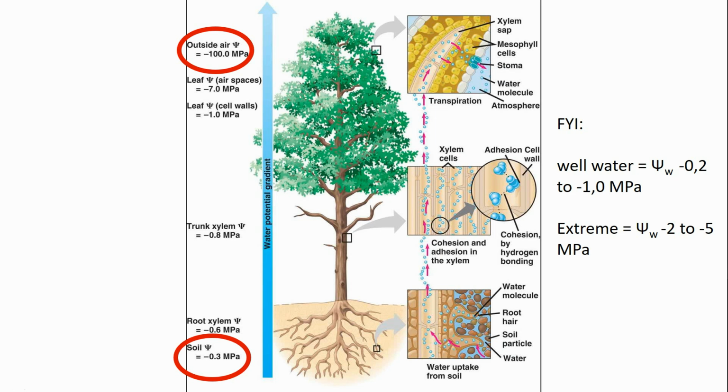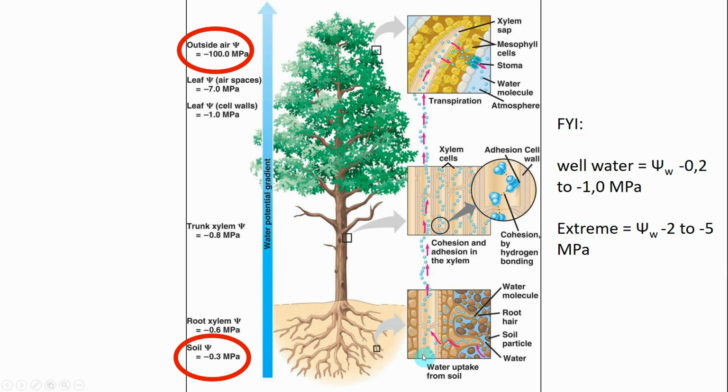Please do not forget that between the water coming into the roots to the xylem, and from the midrib or the veins of the leaves to the stomata, we have osmosis, water moving via osmosis.